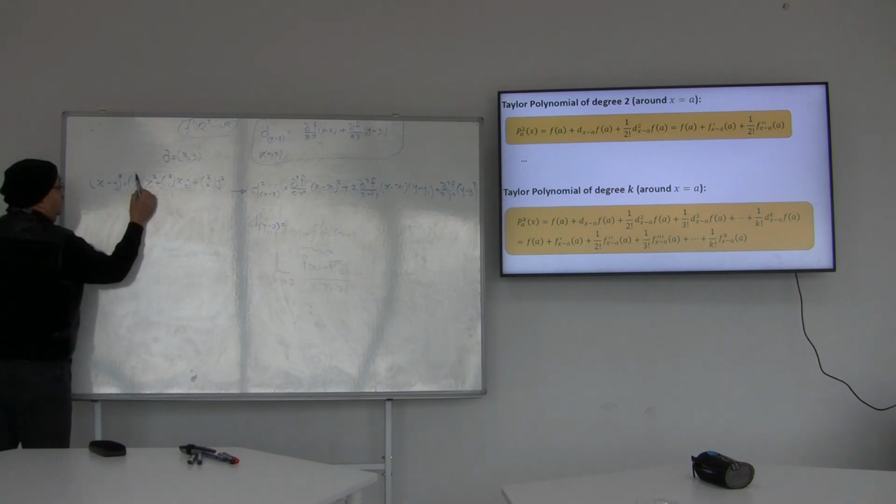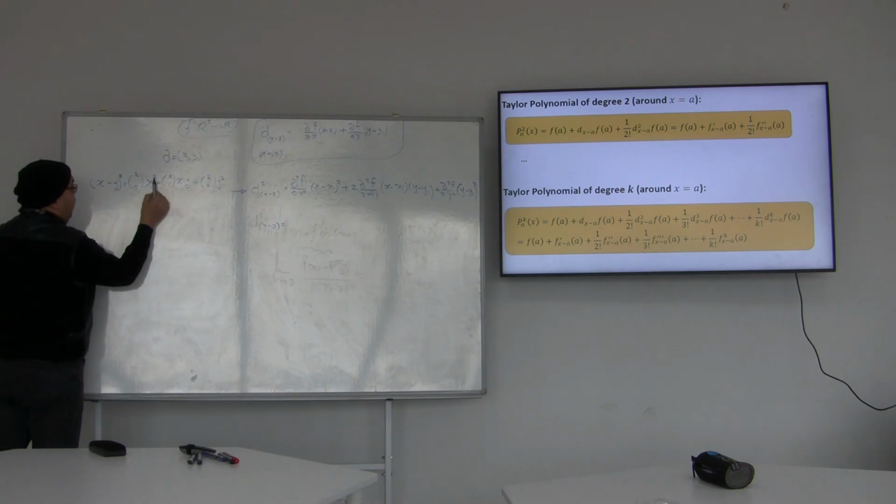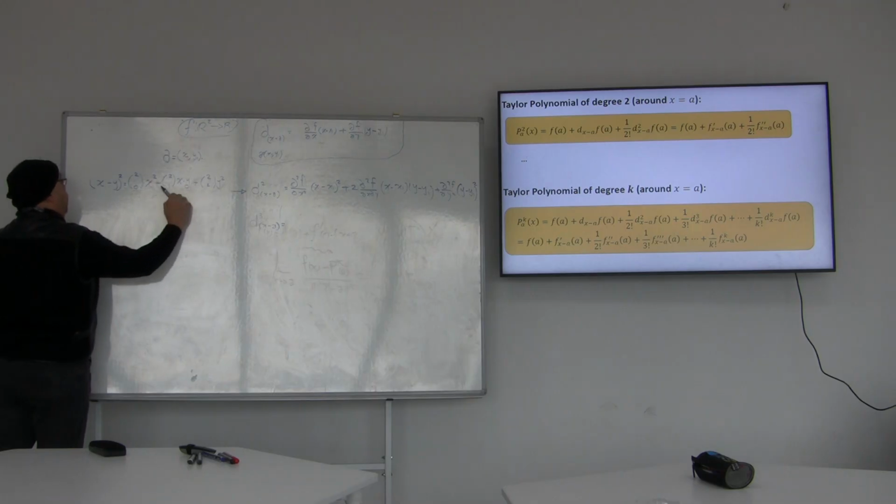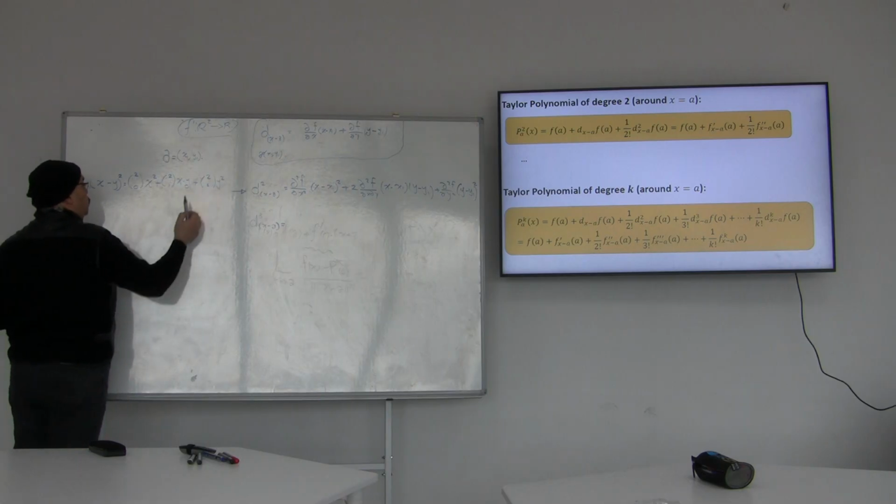As you can see, in each term, the power of x will decay and the power of y will increase, starting from y to the power of 0, y to the power of 1, y to the power of 2.